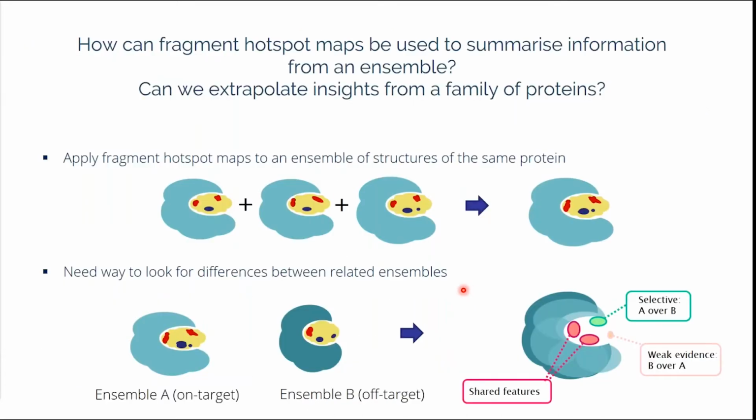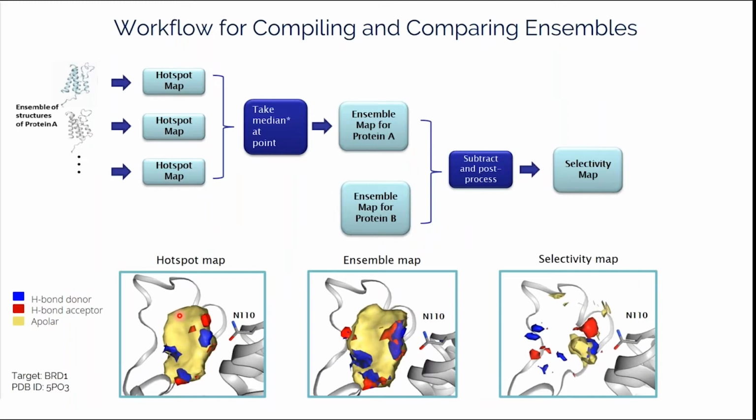So now that we looked at how a single fragment hotspot map is calculated, we set out to determine how the information from multiple hotspot maps calculated for the same target can be summarized. And then we also wanted a way to look at differences between ensembles of closely related proteins. The workflow for this involves first aligning and preparing the proteins, then calculating hotspot maps for each of these structures.